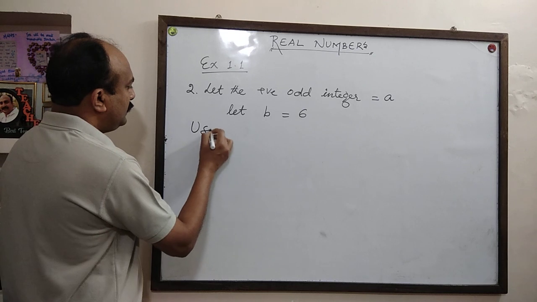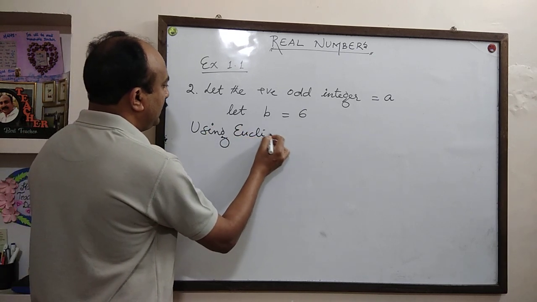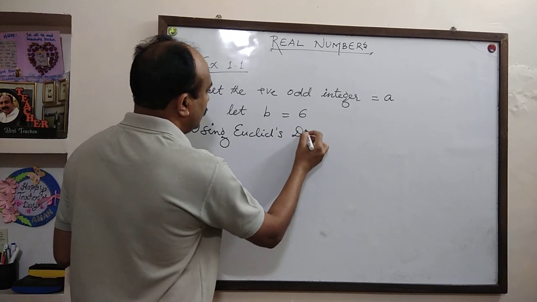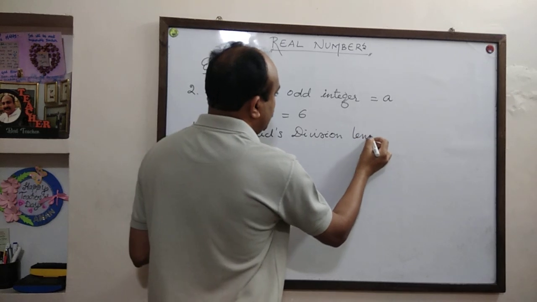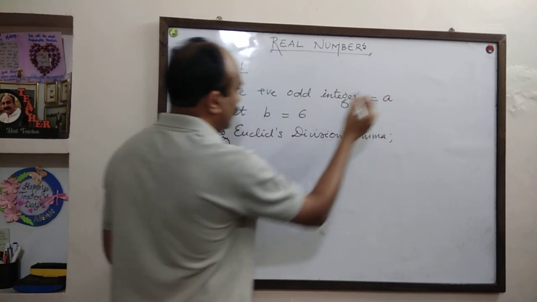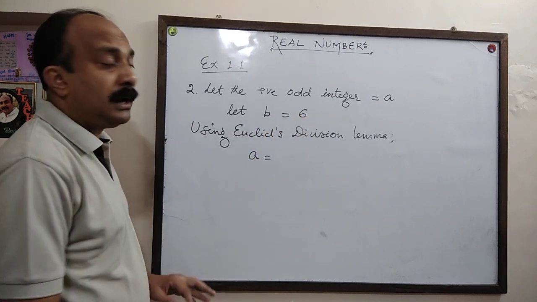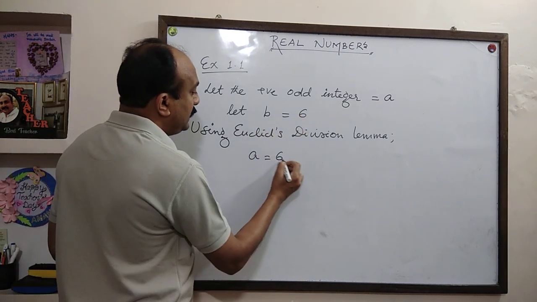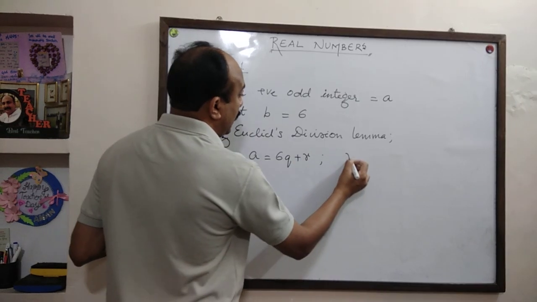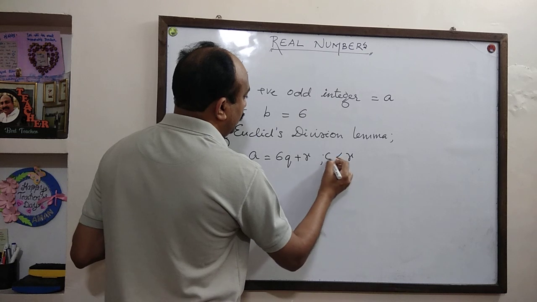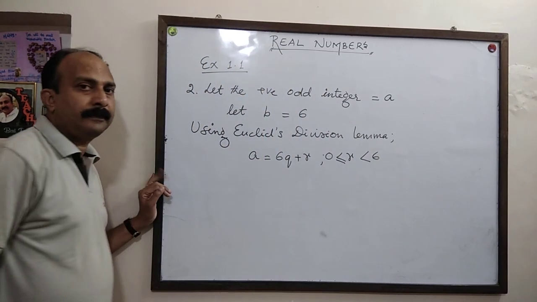Now, using Euclid's division lemma, we can write A is equal to bq plus r, but b is 6, so 6q plus r, where r is greater than or equal to 0 but less than 6.